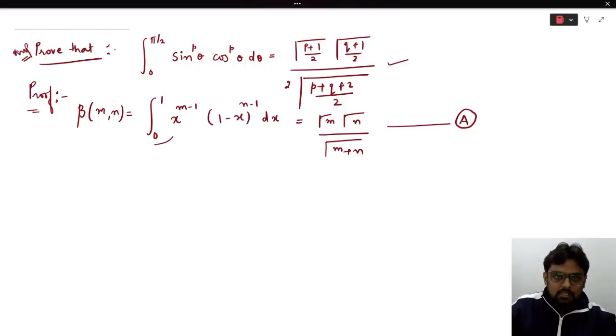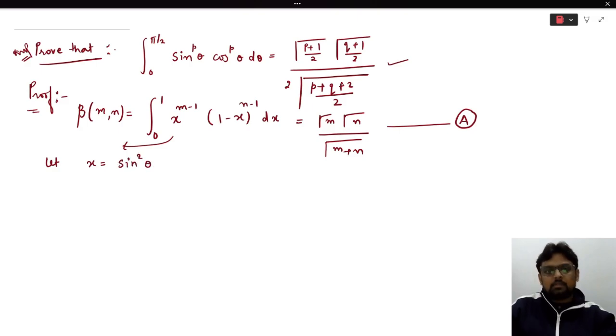Now in this integration, let us suppose x equals sine square theta. This is our supposition. We can replace x by sine square theta.